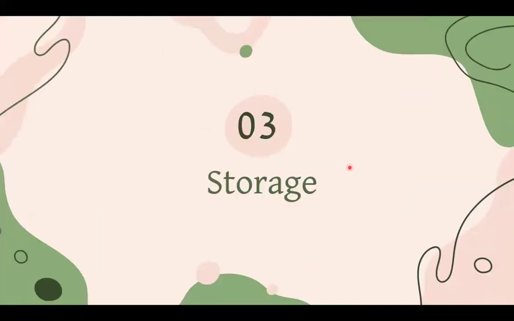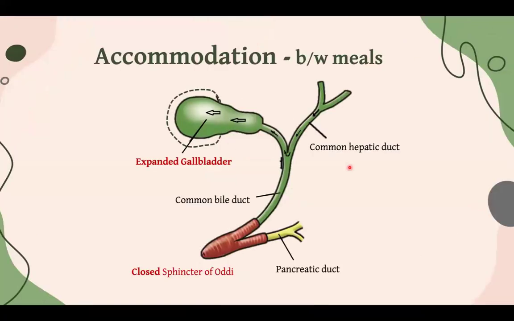Now that we have our bile acids secreted, we don't need bile acids to get secreted continuously, so we have to store them somewhere. Where does that happen? In the gallbladder. Once hepatocytes secrete bile into the bile ducts, the intrahepatic bile ducts combine to form the common hepatic bile duct.